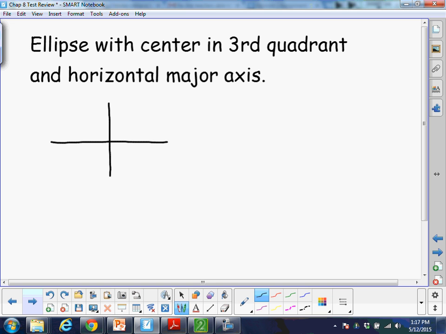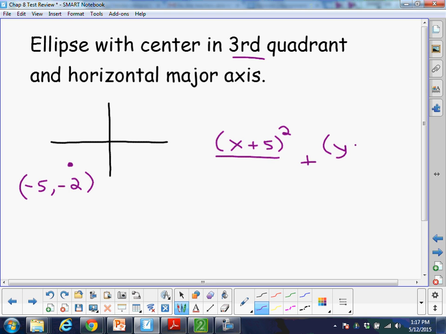Third quadrant, though, was with an ellipse. So let's use our coordinates for that one. Let's say we were at like -5, -2 or something. X and Y both negative down there in the third, right? Horizontal major axis. So when we write our form, we'll do x plus 5 squared over something, we'll think about that in a second, y plus 2 squared over something.